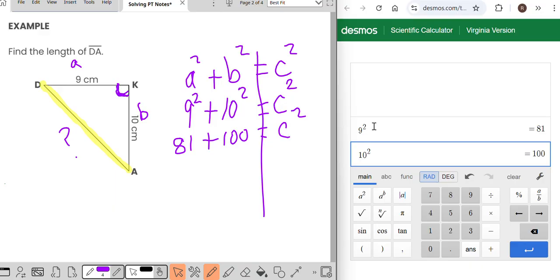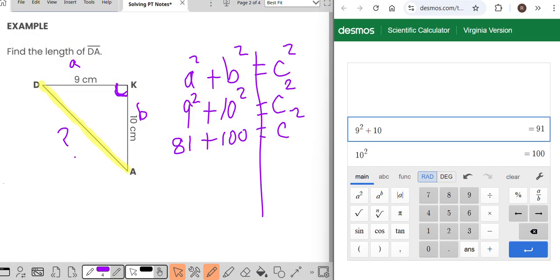So how I'm going to do it is I'm going to do it this way. I'm going to go ahead and put a plus sign here and put the 10, oops, sorry about that, and put this 10 squared there, and it automatically adds them up for me. So what I did is I typed 9 squared plus 10 squared just like I had in this line here.